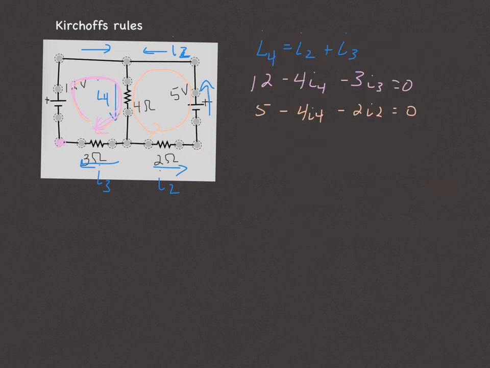Now I'm going to find the value that is the same in each of the equations here. And I4 is what is contained in all of them. So what I want to do is I want to solve for the other two in my loop rule equations. So I want to solve for I3 in this equation and I2 in this equation.